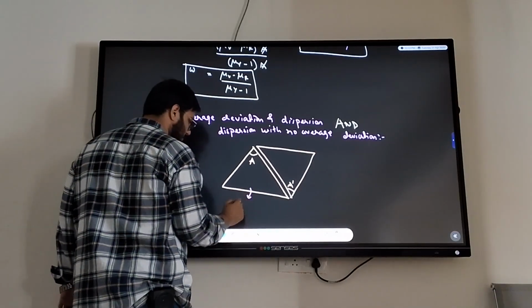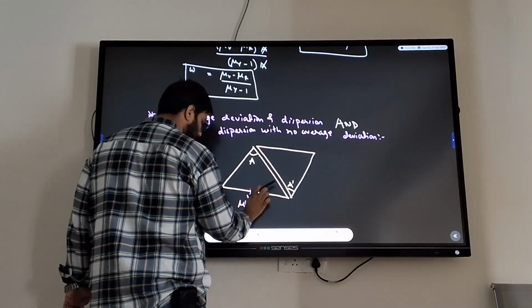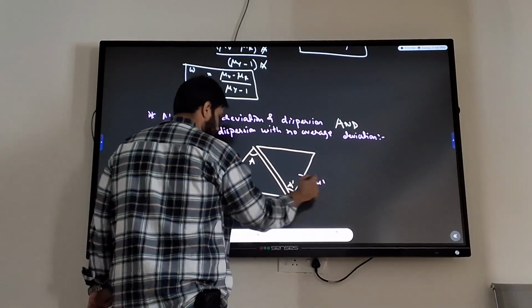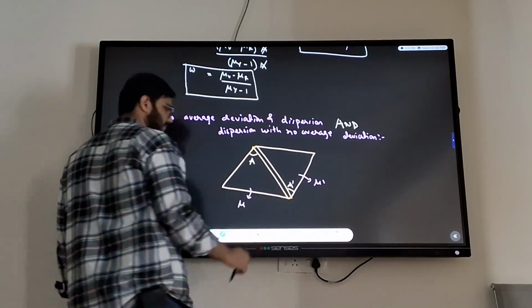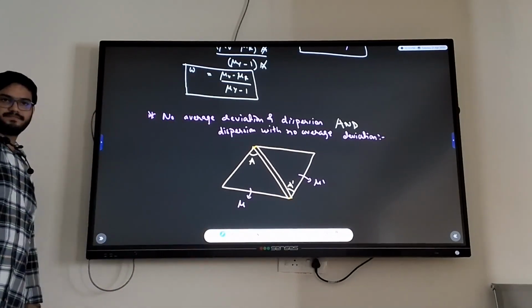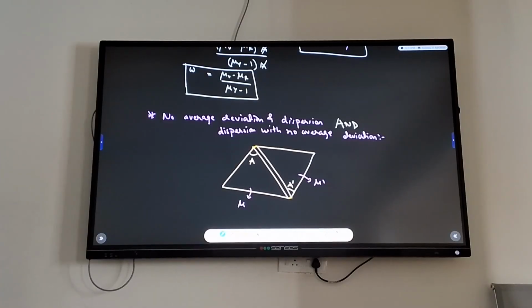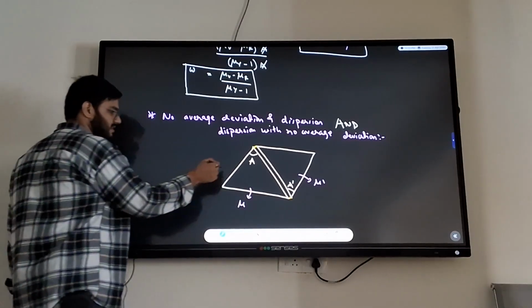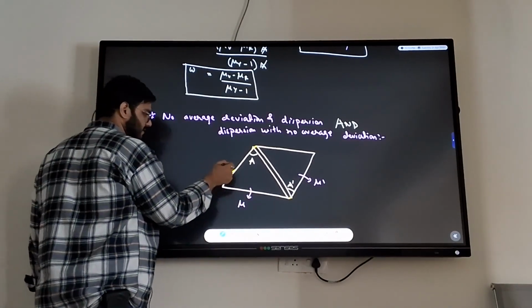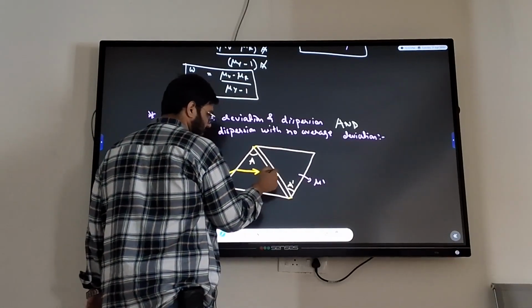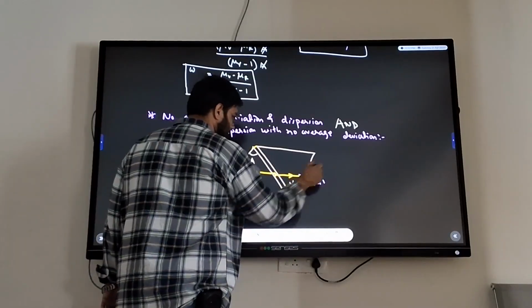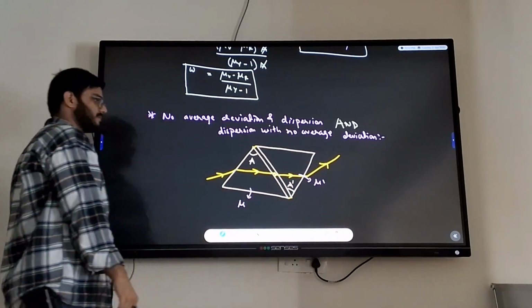Let's say here mu, here mu dash, and there's some medium in between them. Let's call it air. How will the ray of light pass? Let's say the ray of light is incident like this, goes like this, comes here, goes like this, comes out like this.